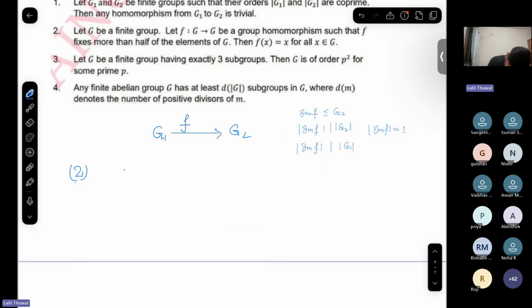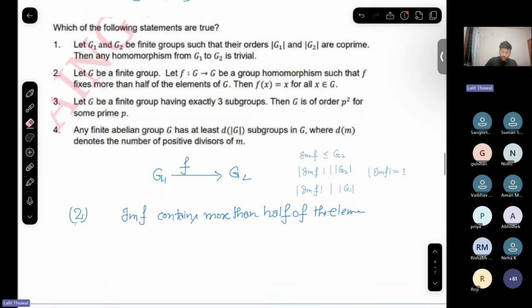Image of F contains more than half of the elements, it means, right? If F is a homomorphism, then image of F according to 2 contains more than half of the elements. Yes or no? Because if image of x is equal to x, it means more than half of the elements of G are in the image of F.